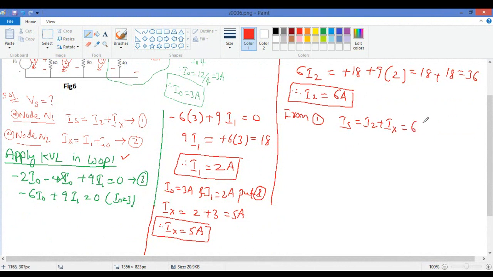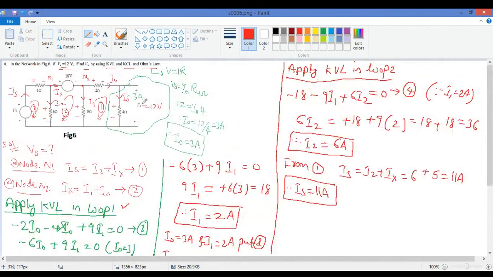I2 is 6 ampere plus Ix is 5 ampere, which is 11 ampere. So therefore, we get Is as 11 ampere. You see, all unknowns we have found. Now, is it easy for us to find out Vs? Yeah, because we know Is also.